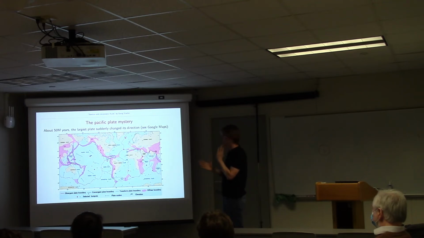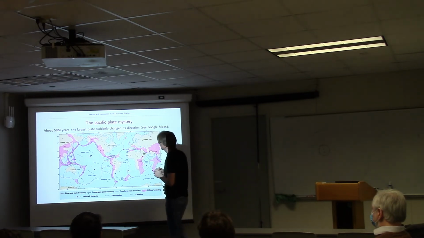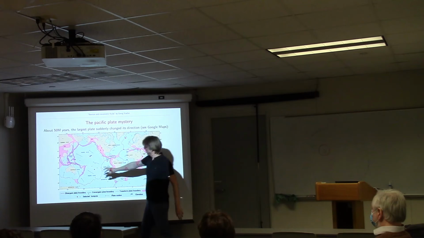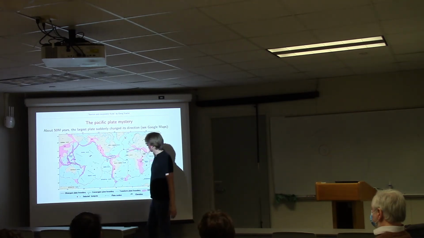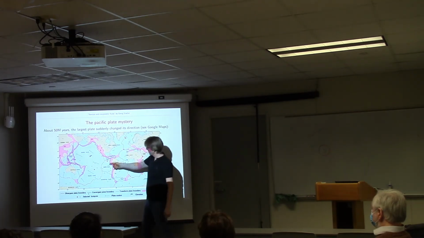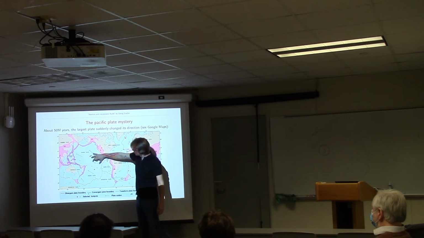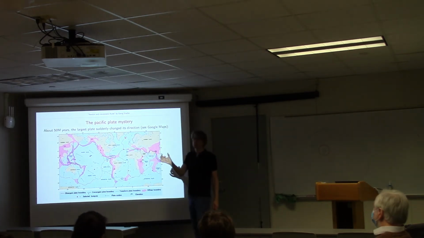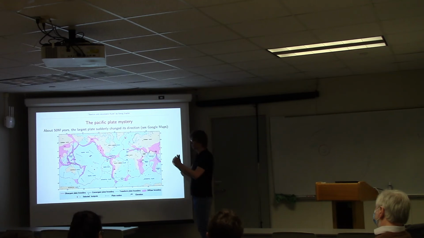There are some reconstruction techniques to help. And there's a kind of mystery. The biggest plate is the Pacific plate. It's this monster here. You see all these other plates moving against each other. These arrows mean motion per year, and typically it's on the order of 5 to 10 centimeters. That's all they move.